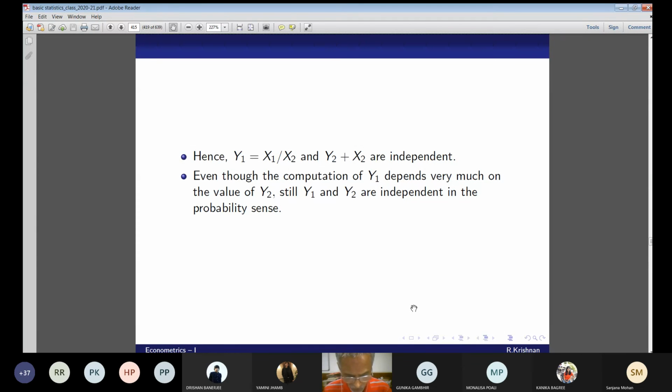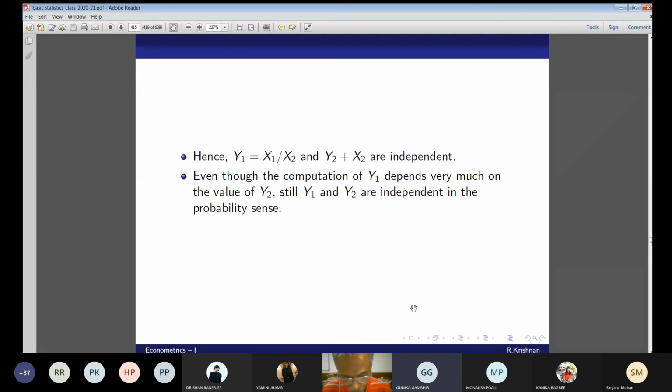Consider another random variable y1 equal to x1 minus x2, and y2 equal to x1 plus x2. Did I tell you at the beginning x1, x2 are independent random variables?